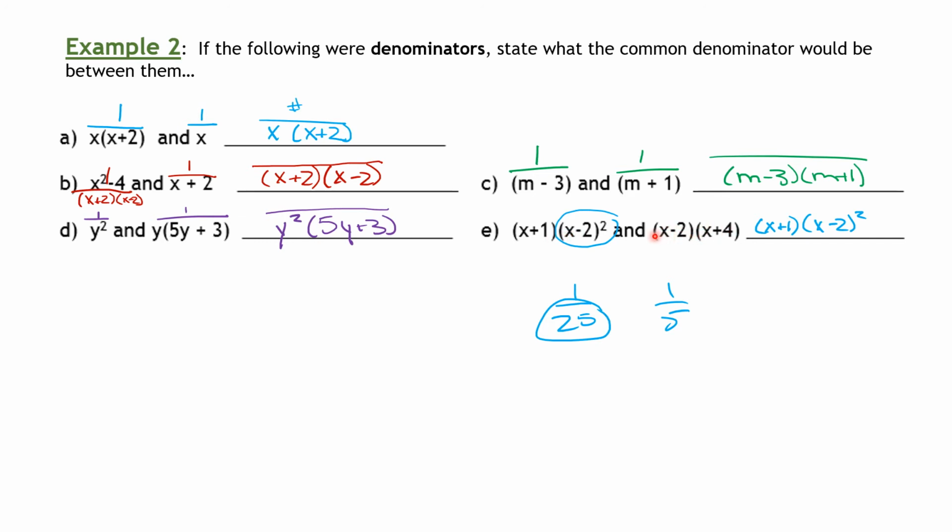Now here are more denominators. There's an x minus 2. We've already got 2 of them here, so we don't need any more. We've got enough x minus 2's, but we don't have an x plus 4. So we also need an x plus 4. So that would be that denominator. So that's just some practice with denominators where you don't have to do all the numerator stuff because that's long, but I just wanted to practice some denominators.